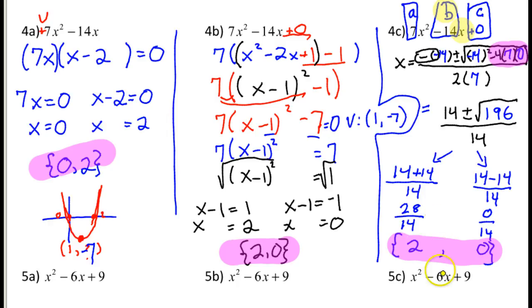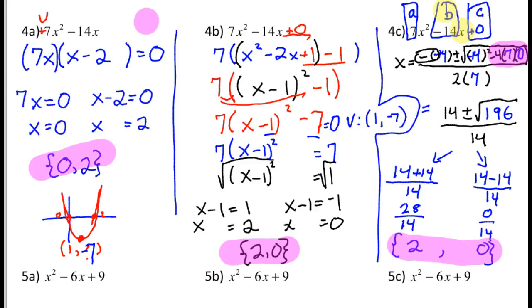But you can see how much work this is, and look how fast the factoring goes. So you want to be smart, not just say I like, but make a decision on which one is going to be faster for this particular problem. If you try to factor it and it's prime, it doesn't factor, then you'll have to move on to another method. Sometimes you won't be able to use every single method, and you'll see that today.